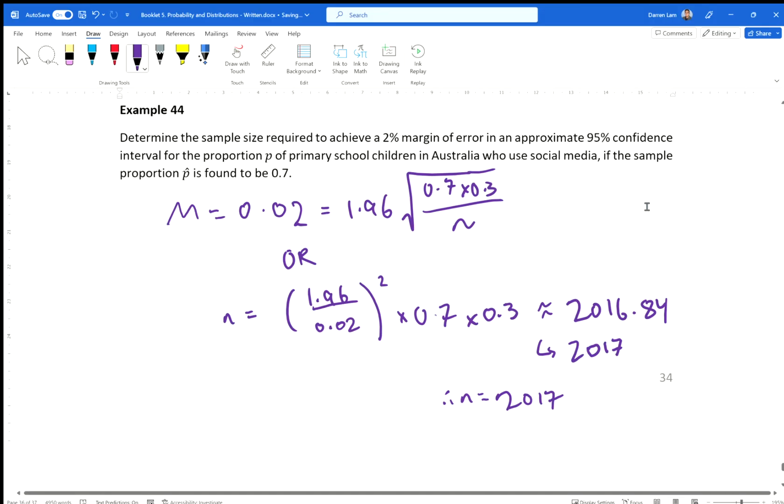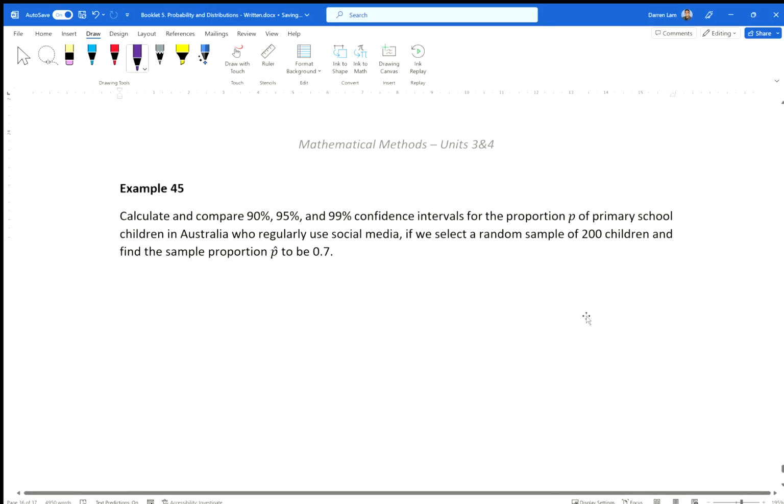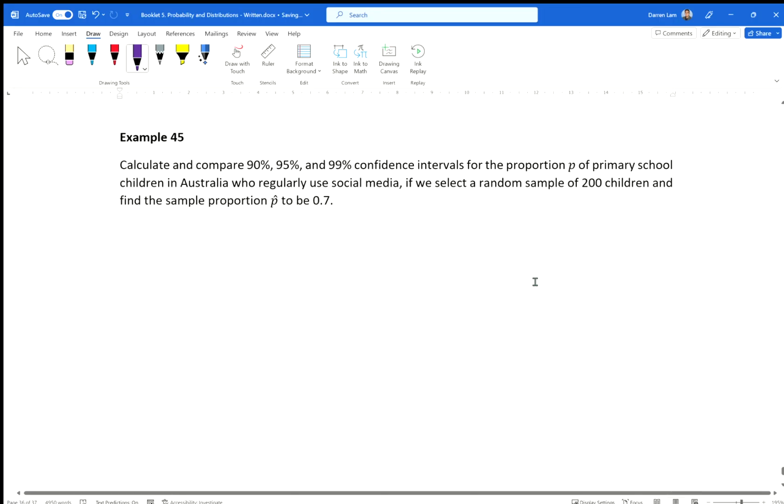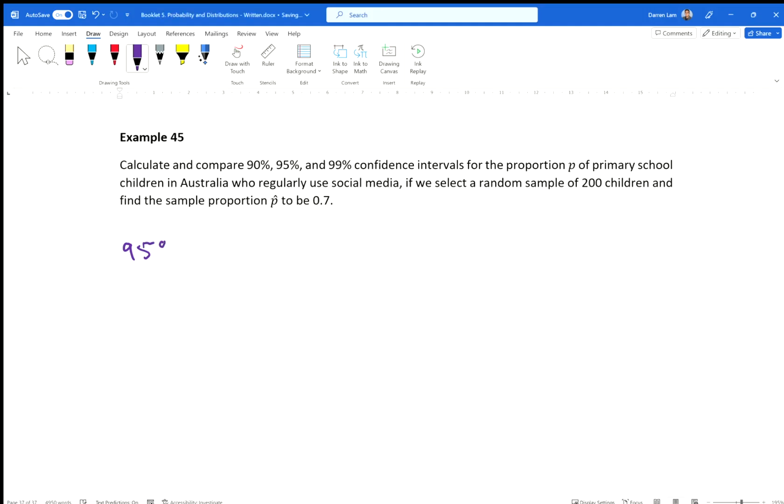Last page. Like ever, last page. Calculate and compare the 90, 95, and 99% confidence intervals. I'm not going to go through every single step, but we know the 95% one. The context is the same as prior. So that's going to be from 0.63 to 0.764.